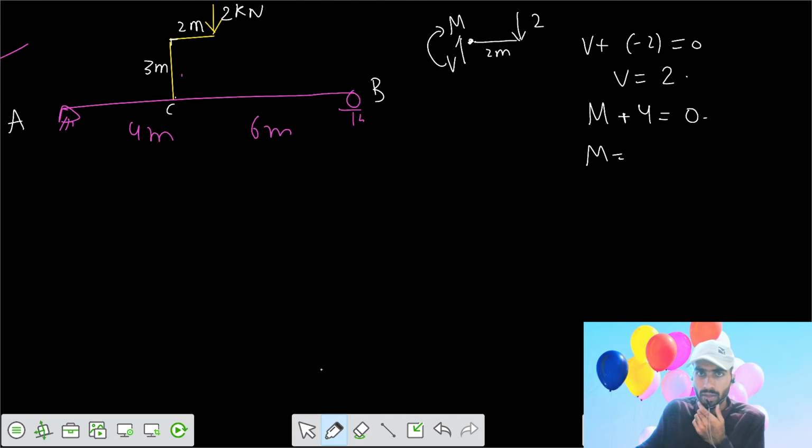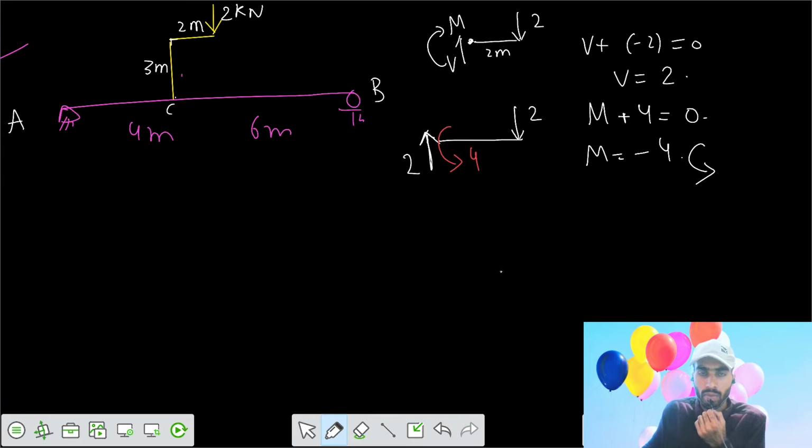That means the moment is minus 4, which means it is in the anti-clockwise direction. So it should be this way. The shear force was this one. You can keep that value of 2, and the bending moment here is anti-clockwise 4 kilonewton meter.